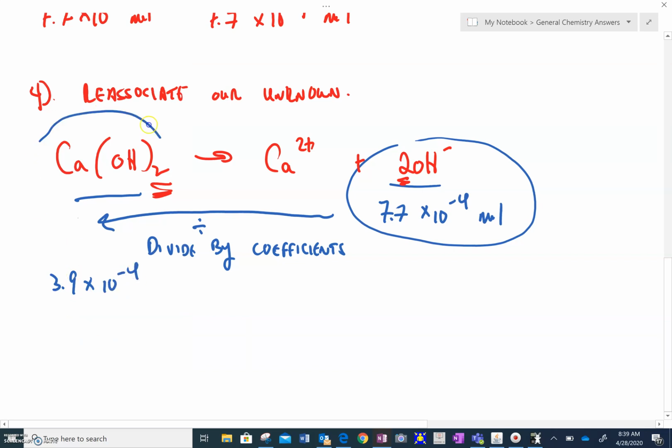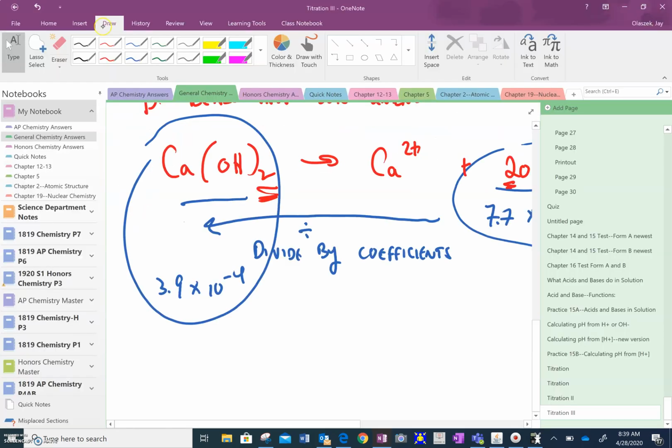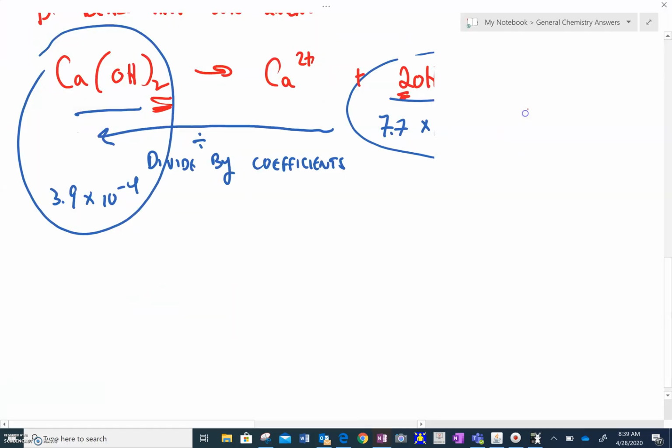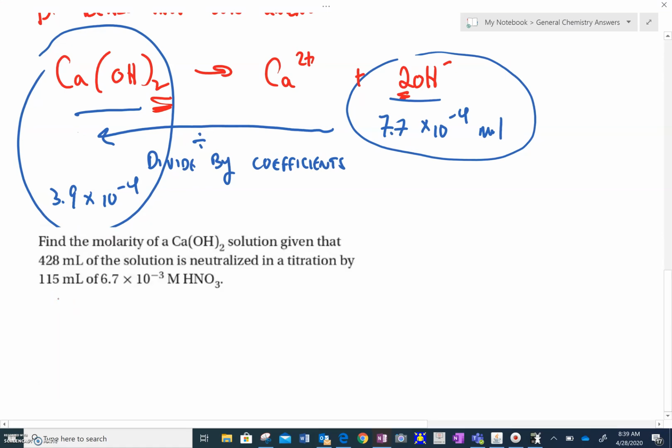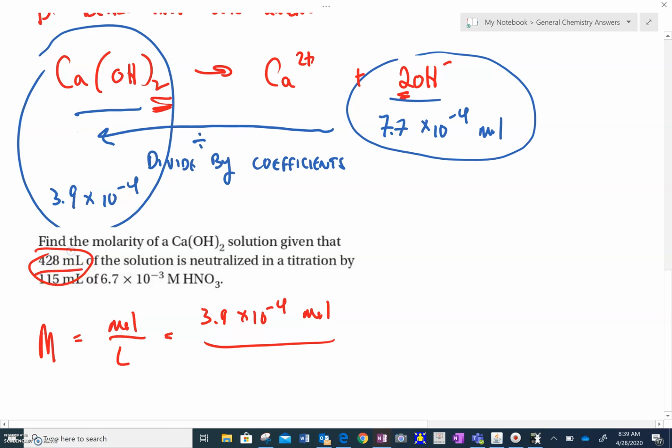That is this. So what we're going to do now is finish the problem by saying, okay, if our unknown was 428 mils, what's our concentration if there are 3.9 times 10 to the negative 4 moles? So molarity equals moles over volume. You know 3.9 times 10 to the negative 4 moles of calcium hydroxide. This is 428 mils.